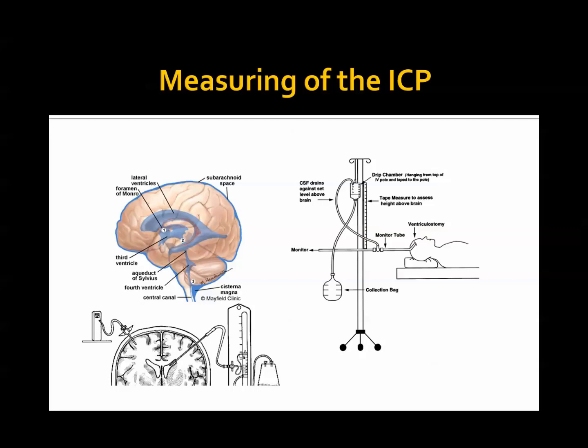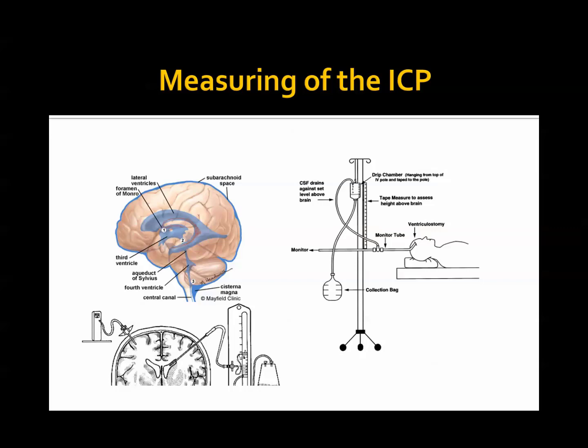So the next slide, you'll see measuring of the ICP, a couple little documents there on how to do that. Now the place where the drain needs to be leveled is according to the foramen of Monro. The ventricular drainage bag is adjusted around the level of the foramen of Monro, and the neurosurgeon will tell you if they want it right at that level or if they actually want it higher.